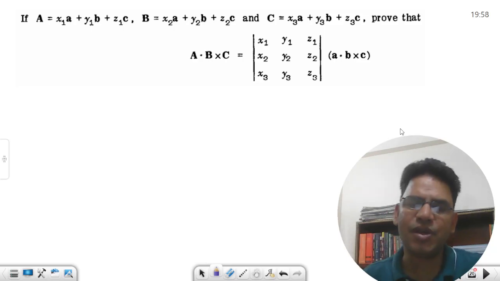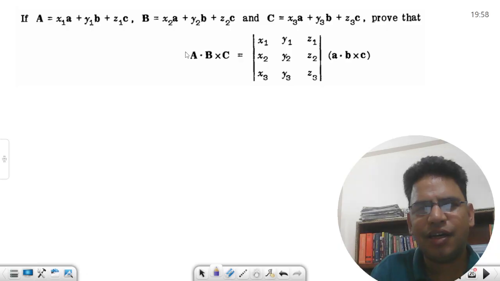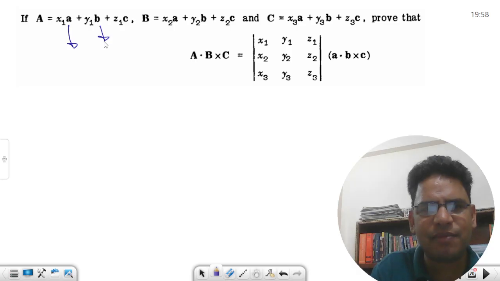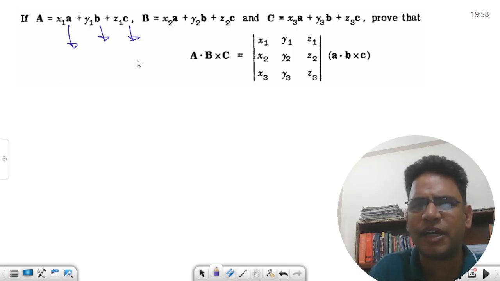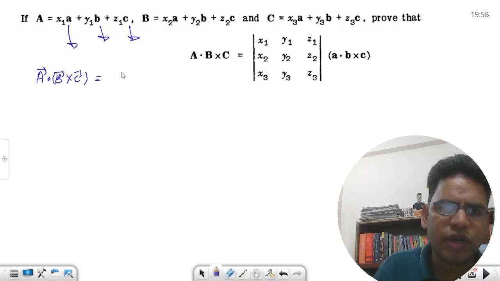Now this is the most important question, and it is going to mess with your mind. Try to figure out, because these a vector, b vector, c vectors are not orthonormal vectors. But let me give you a hint: when you are going to find out a dot b cross c vector, you are going to get something like that.